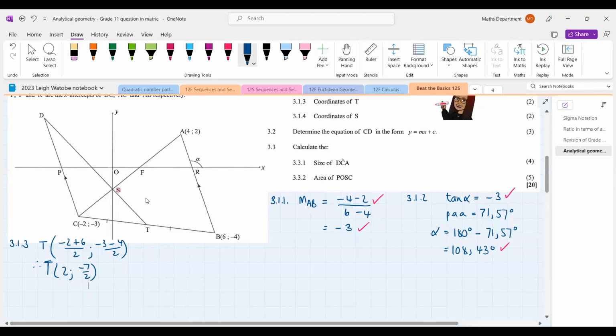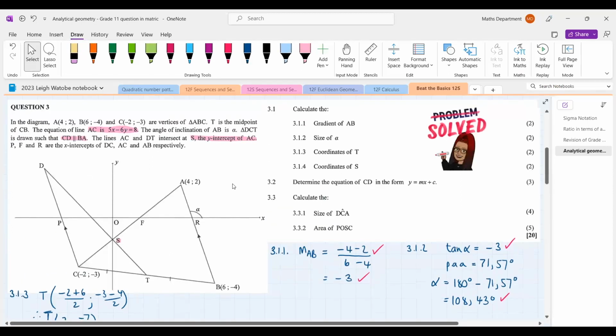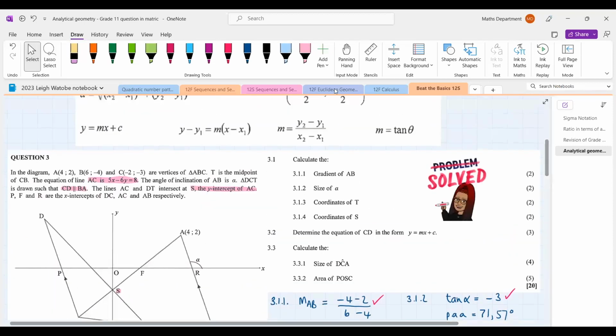Okay, so that's what you guys have sent me for the coordinates of T: 2 and minus 7 over 2. Lovely. Good, Natalie. Good, Nonela. Your coordinates for S are perfect.